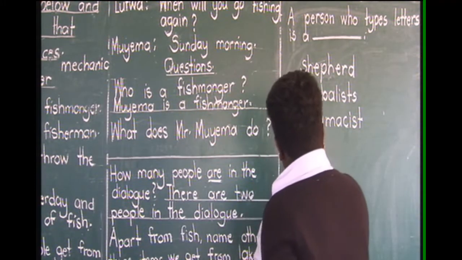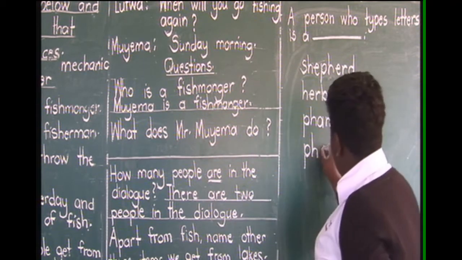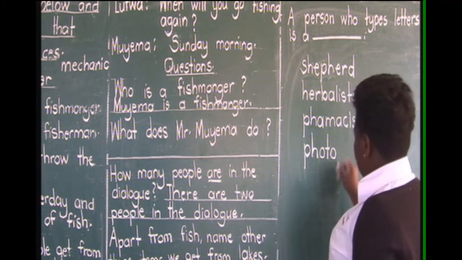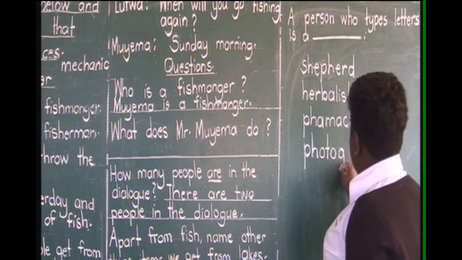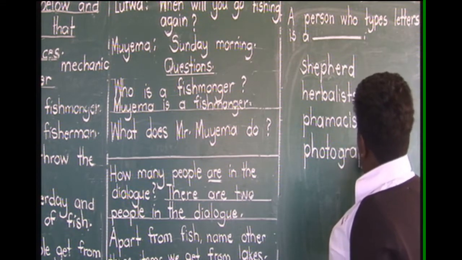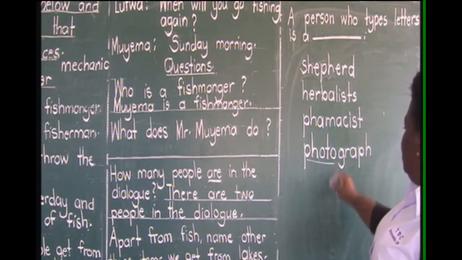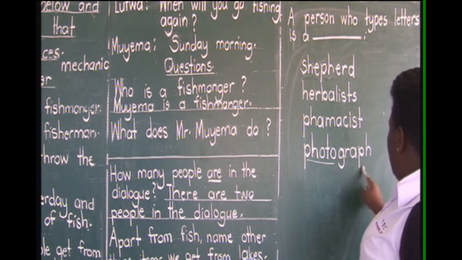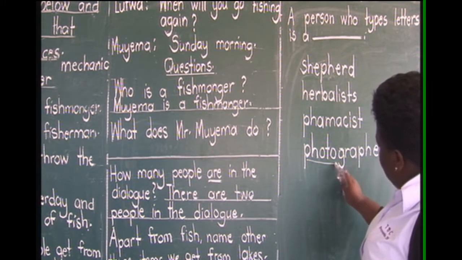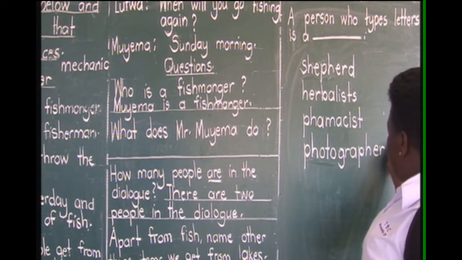Photographer. There's a small word photo. Graph. When one is a photographer, when there are many they are photographers.